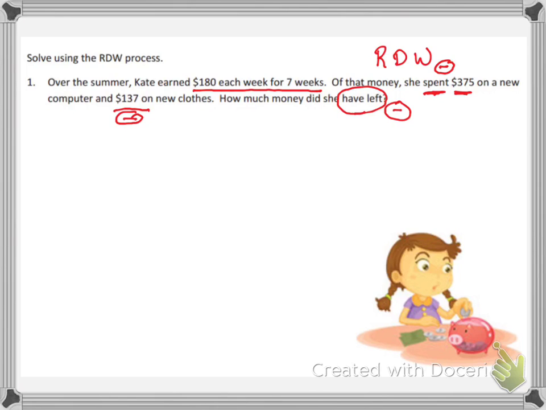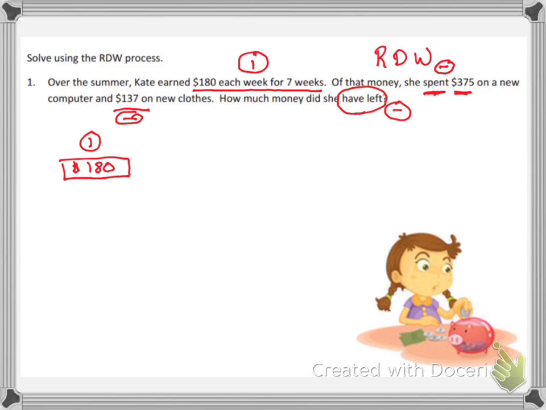So we know that we are going to be subtracting somewhere in this problem. So let's start figuring this out step by step and go back, and she earned $180 each week for 7 weeks. So this part is going to be our first part of the word problem. So let's draw that out and show a tape diagram. So let this box represent $180, because that's what she made for the first week.